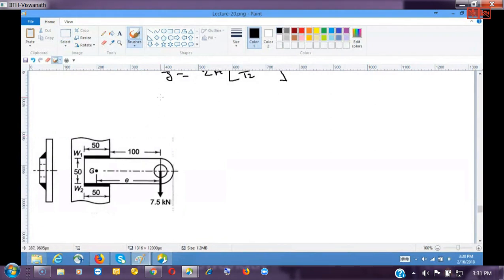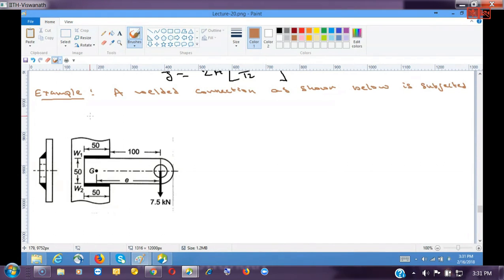Example: a welded connection as shown below is subjected to an eccentric force of 7.5 kilonewton.